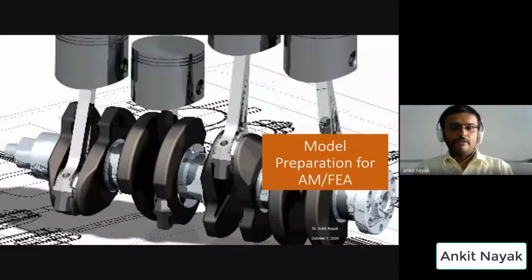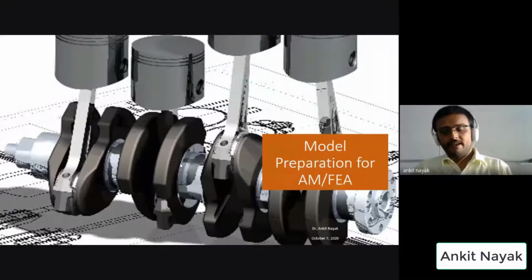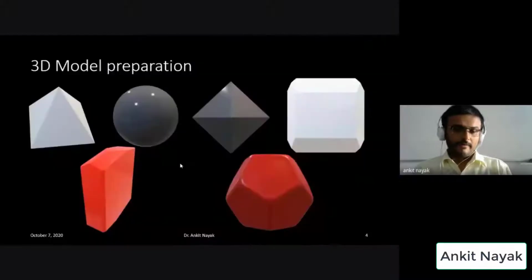If we want to do analysis on such a piston and crankshaft, we need to develop a CAD model in a solid modeling package, and then import that CAD model into an FEA tool like ANSYS or any other tool, do the meshing, apply the boundary conditions, and do the analysis. So this is the normal process which most of us follow.